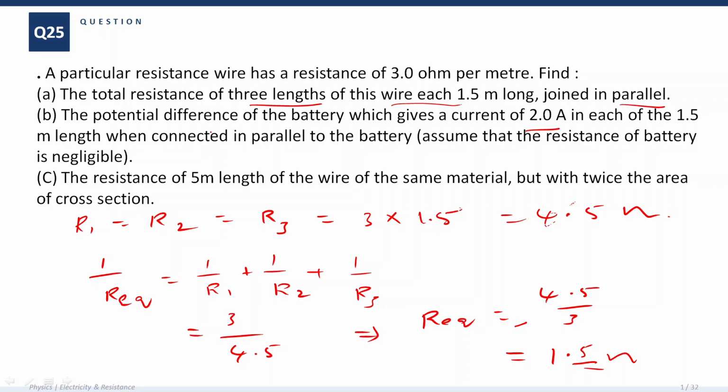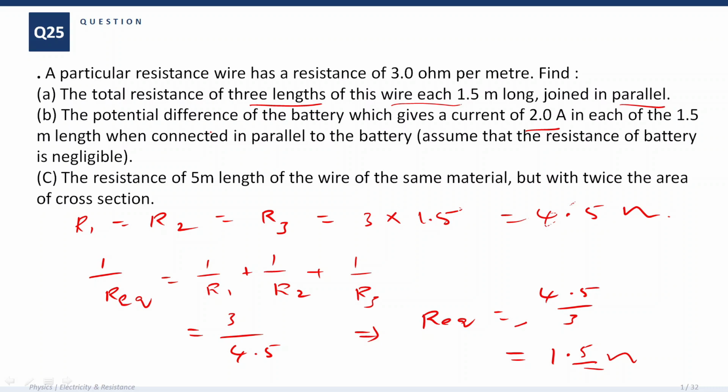The next one, the resistance of 5 meter length of the wire of the same material but with twice the area of cross section. As we know well, the resistance of the conductor is directly proportional to the length of the conductor. More length, more resistance, less length, less resistance.